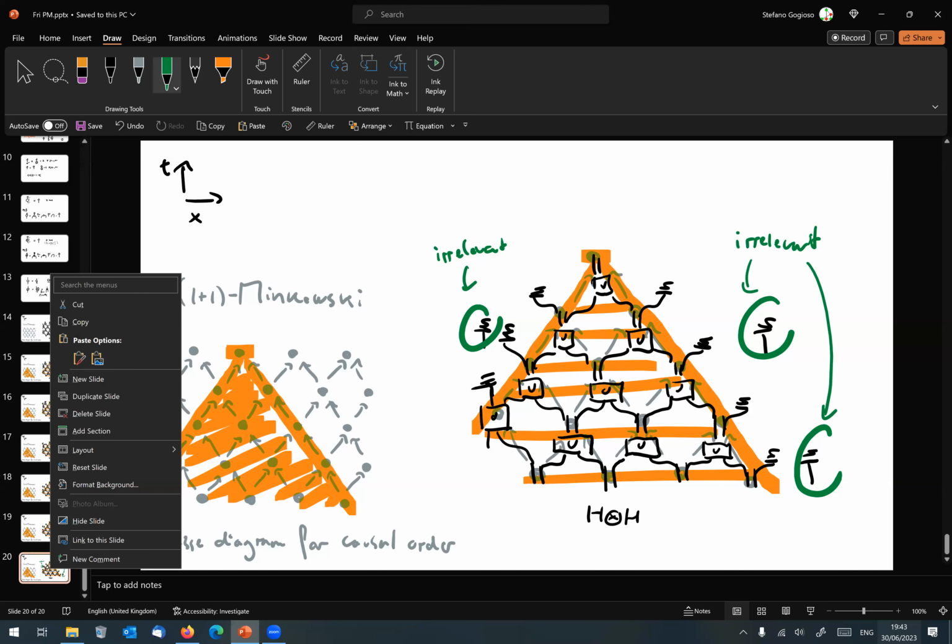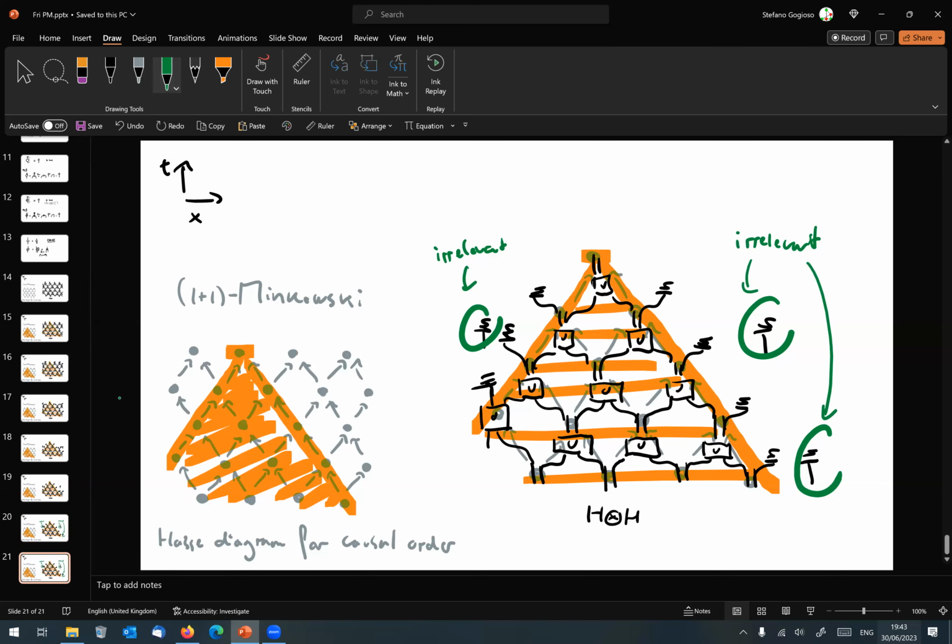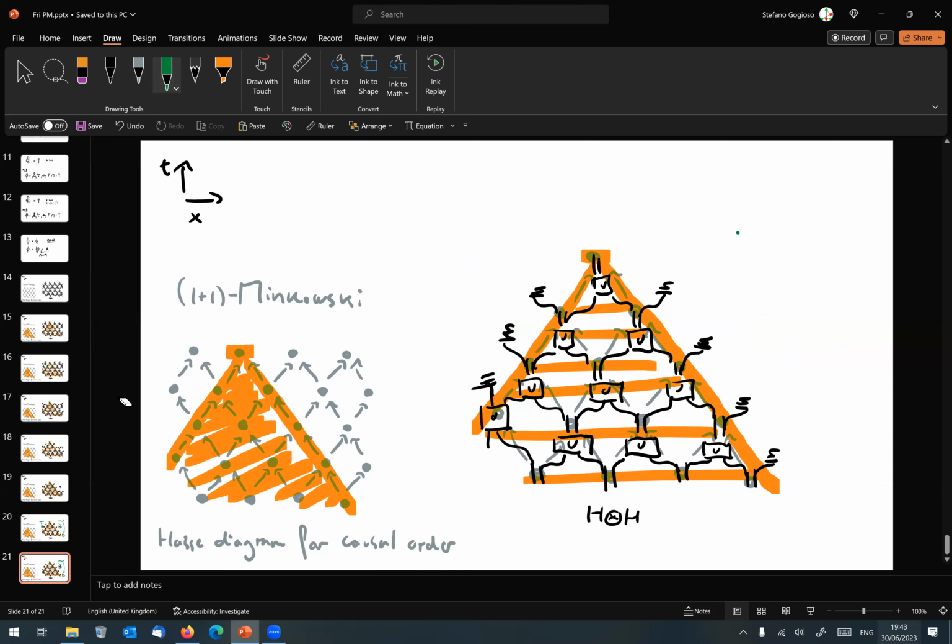So I'm going to ignore them. And at the bottom, I have identified what my initial slice is. So which systems I have to specify a state for. And it's going to be this.